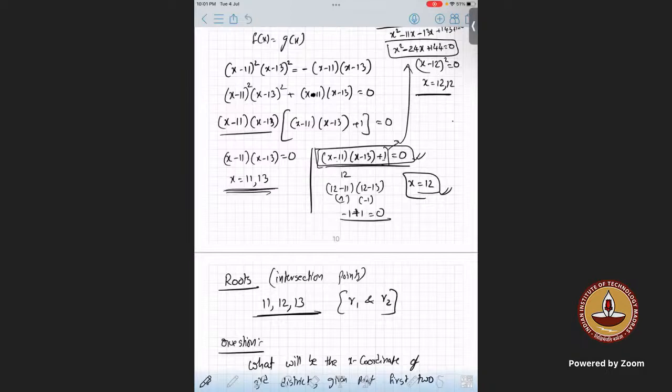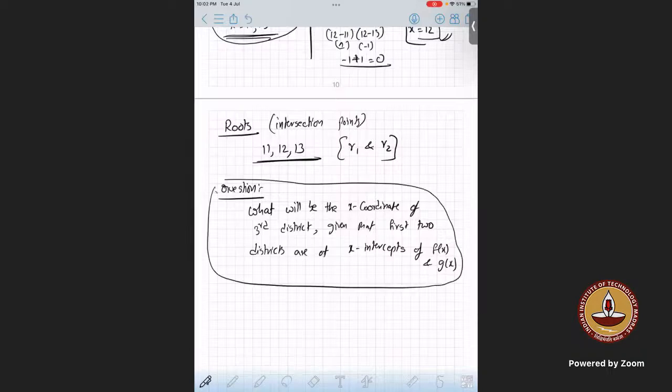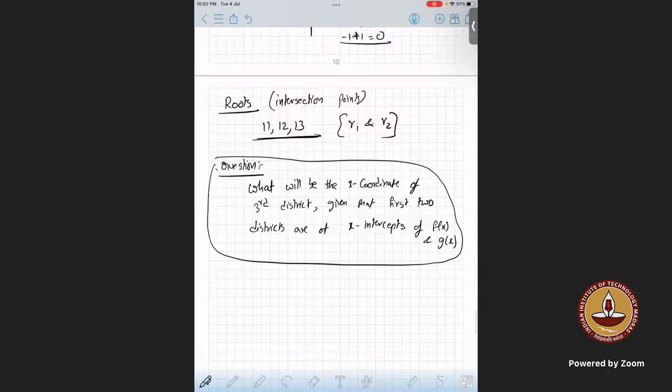Look this side. This is the question: what will be the x coordinate of the third district, given that the first two districts are at the x intercept of f of x and g of x.